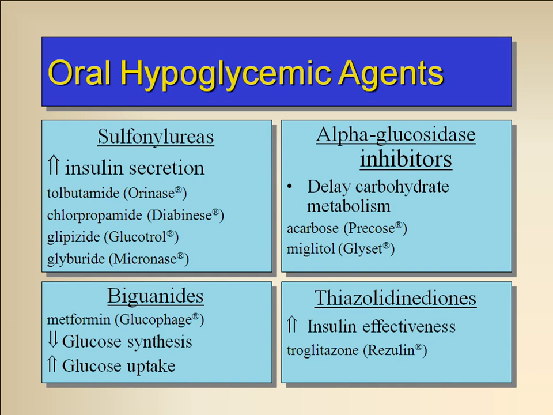Those that have type 2 diabetes are where they get the oral hypoglycemics, because you can have folks that are diabetics that take oral medications to help control it, and those work in a couple ways.